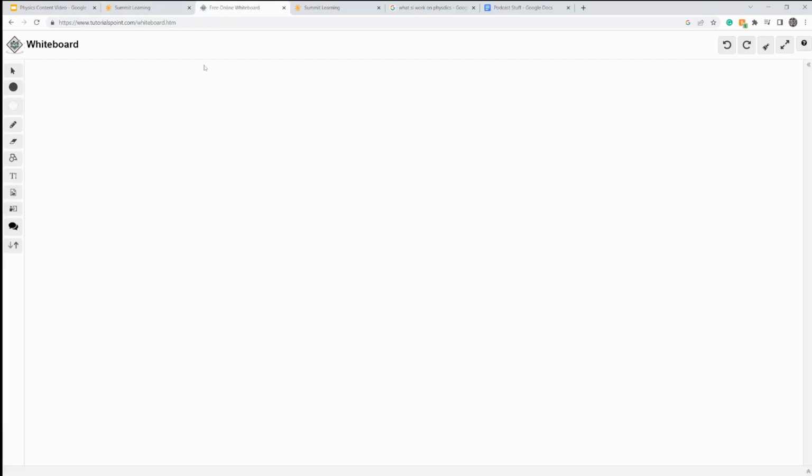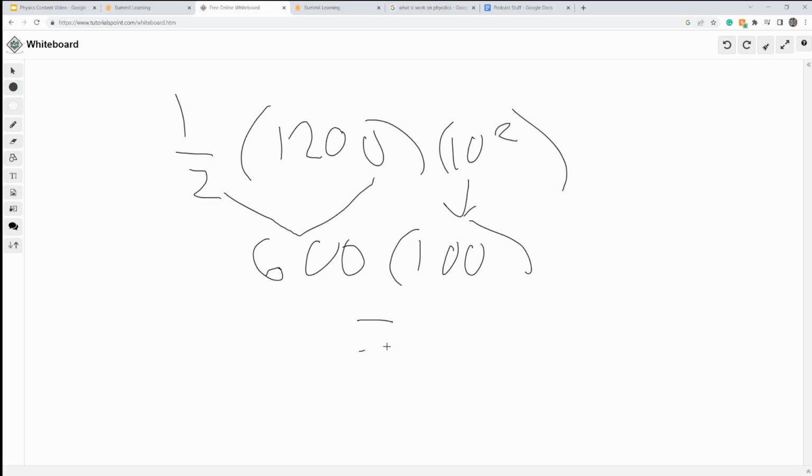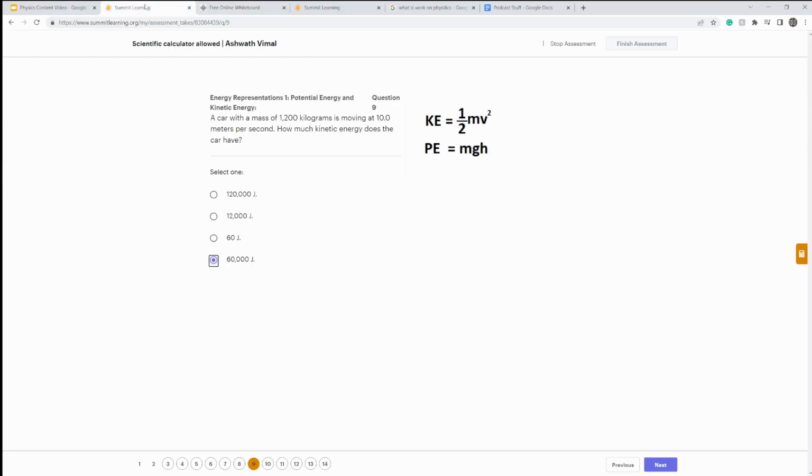So 1/2 times the mass, which was 1,200, times 10 squared, the velocity. That'd be 600 times 100, and that equals 60,000, which we have right here.